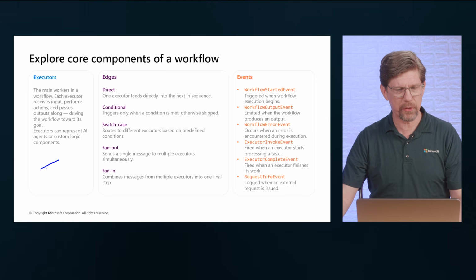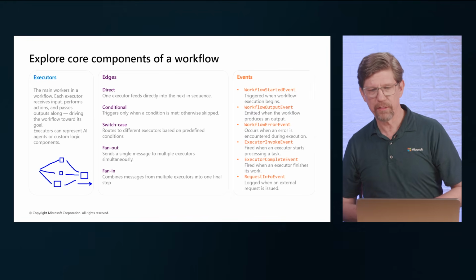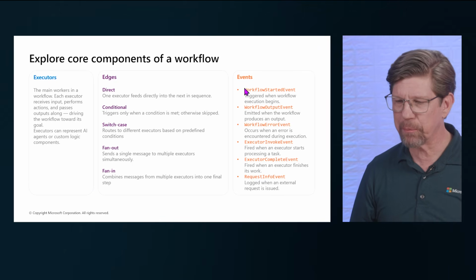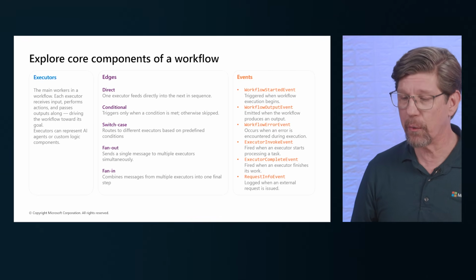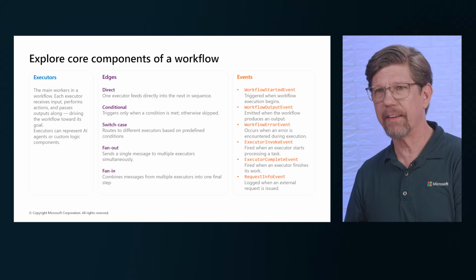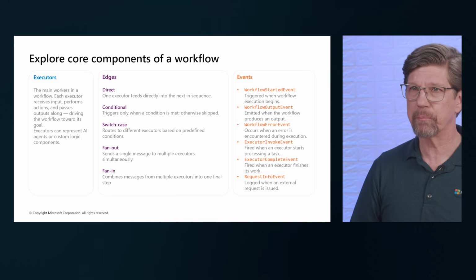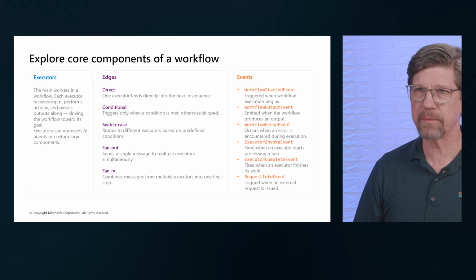We tend to fan out, like so, to various nodes, and then at some point in time, we will fan back in to collect the results and move forward from there. There's also a series of events. As a developer, we can key in on those events, like, hey, the workflow has started, or the output of one of those nodes has been created, or there's some sort of error. So from the exterior, we can listen in on those events.